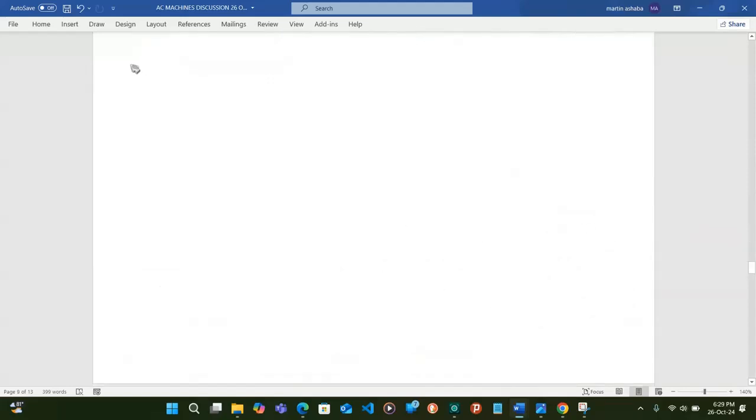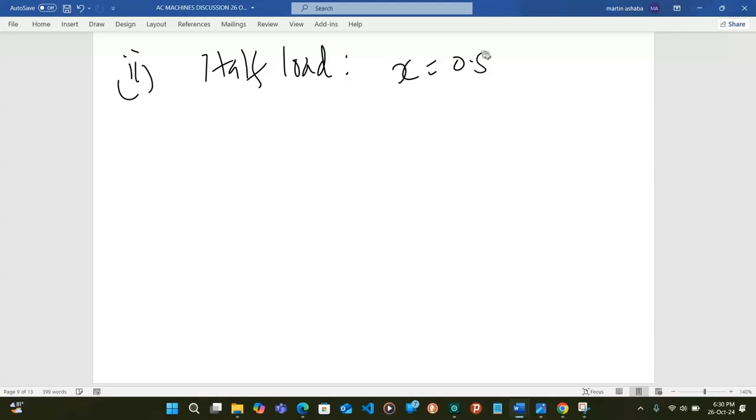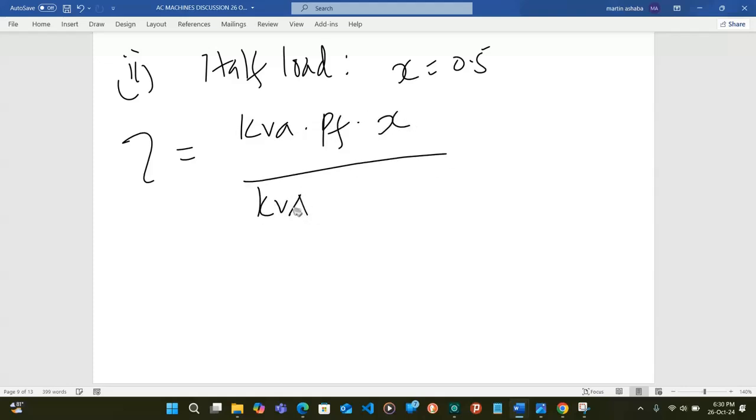So let's look at case 2, half load. When it is half load, X is equal to 0.5. So the percentage efficiency would be the kVA rating times the power factor times X, divided by kVA rating times power factor times X plus the iron losses plus X squared times the copper losses.